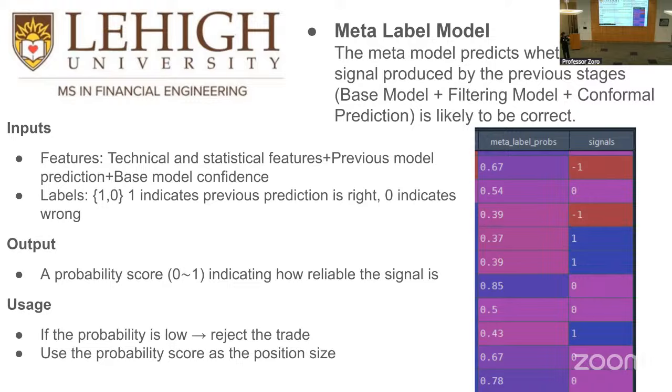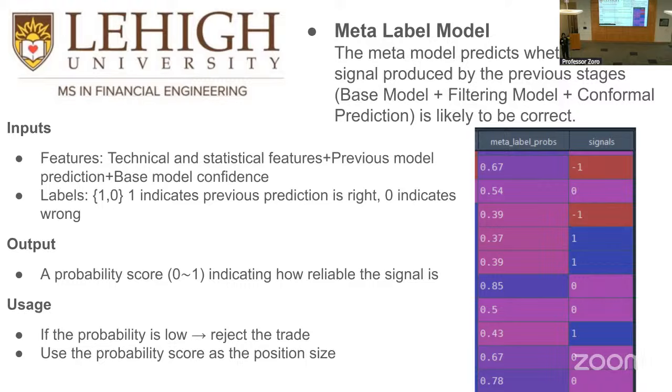We design the meta-label as 1 and 0. 1 indicates the previous prediction is right, and 0 indicates the previous prediction is wrong. So after the model, we get a prediction of 1 or 0, which indicates right or wrong, and also a probability score, which tells us how reliable the signal is.